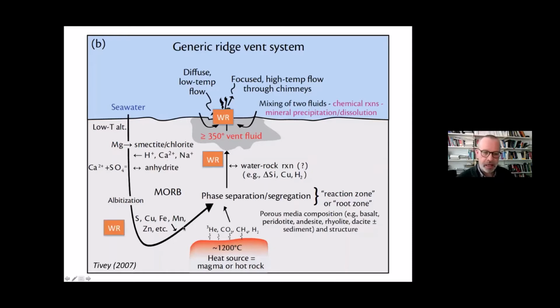So there is a lot of water rock reactions going on in the system in different places, in the recharge zone, so on the way down, in the reaction zone where the temperatures peak, and then the reactions continue when the fluids come up.